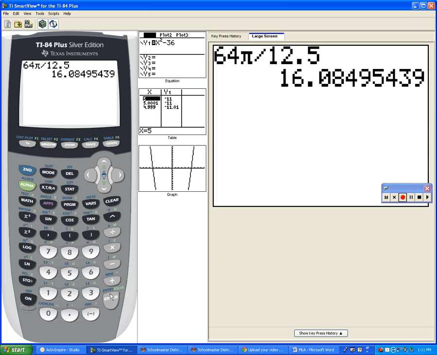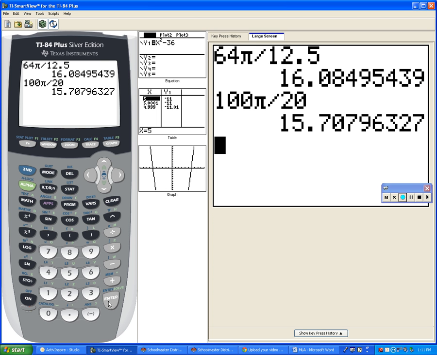Okay, that gives me 16.08. And the other one was 100 pi divided by, how much did that one cost? 20. Okay, so that gives me 15.7.